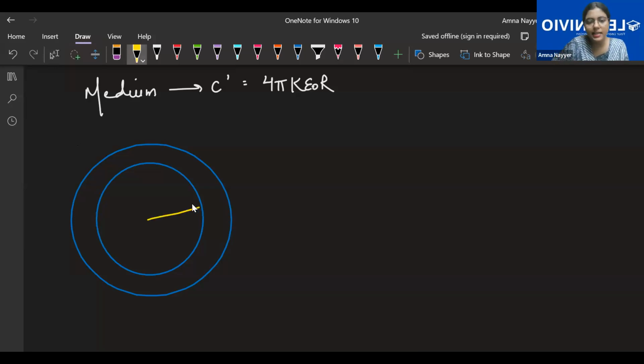Let's say the smaller one has the radius A, and the bigger one has the radius B. These are the radii of the spherical capacitor.